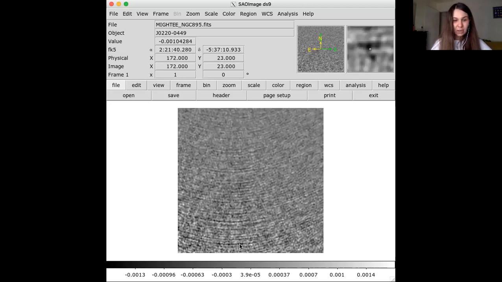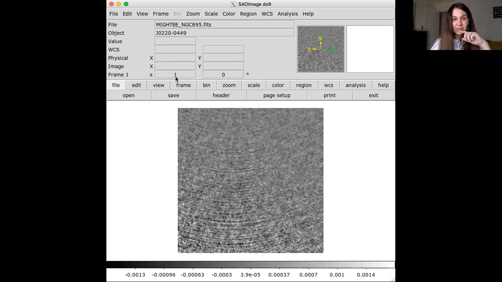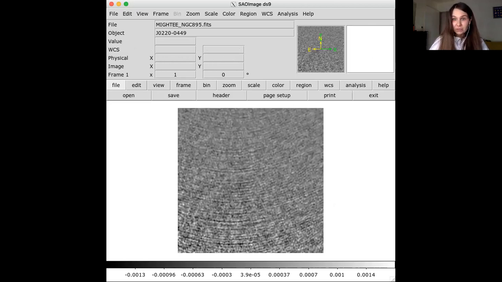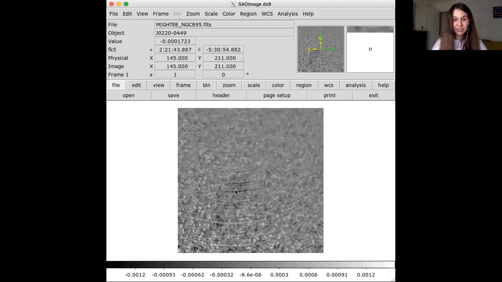If you check the pixel value here, these black dots are all negative values, and these very bright white dots are positive values. If we start to scroll through our data cube, we see that the second channel, for example, has more negative pixels than the previous channel had.